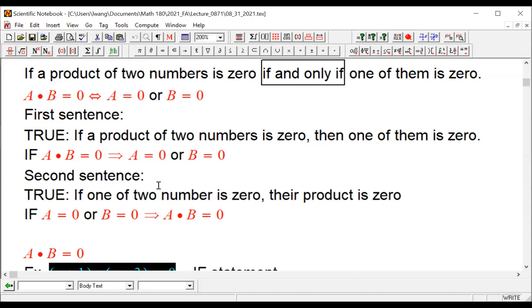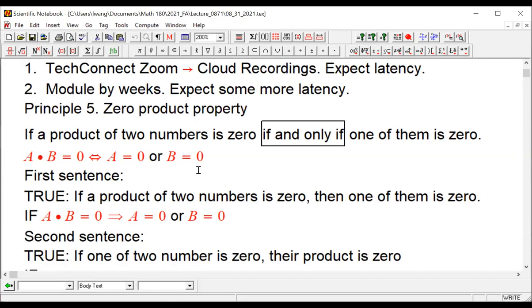Okay, so with that background explained to you, do you think this principle number 5 is a self-evident fact? Is it a self-evident truth to you? Do you need me to tell you, or I believe you already know. In this semester, I'm going to show you how these properties are used, and you're going to see how all of these principles guide us in your mathematical journey.